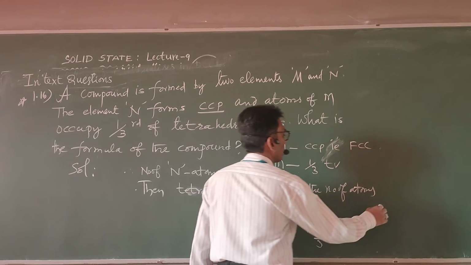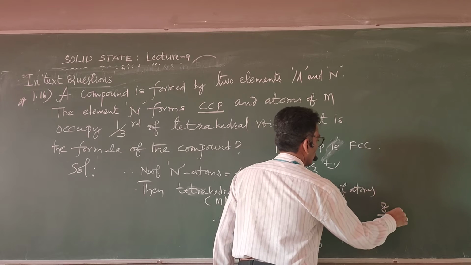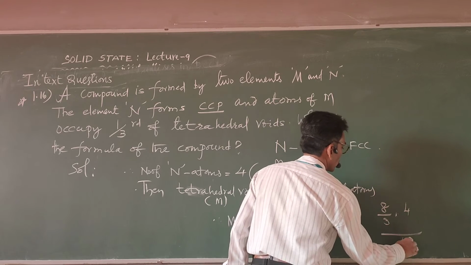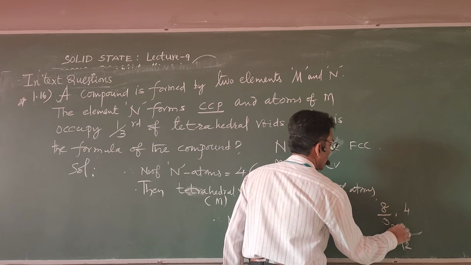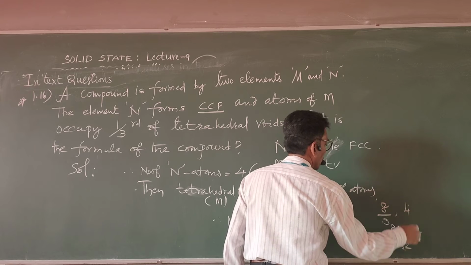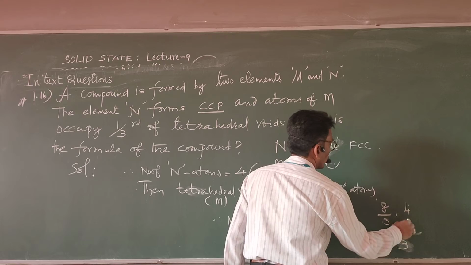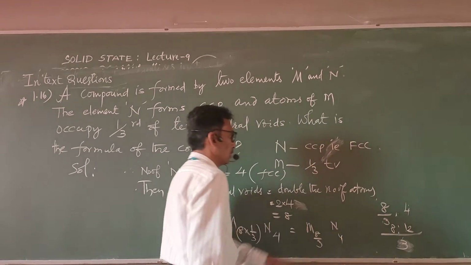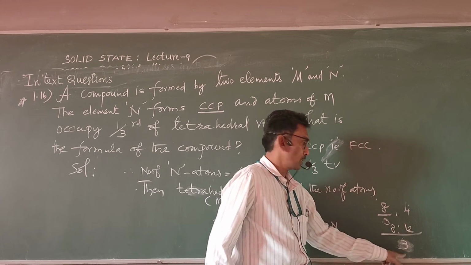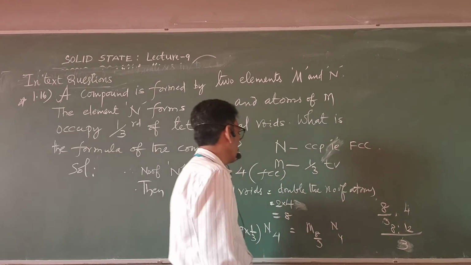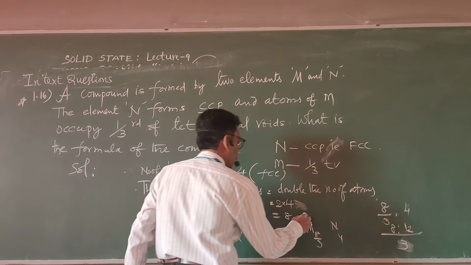After taking LCM, 8 by 3, 4, LCM is 12, this becomes 8, and this becomes 4 into 3, 12. So this LCM is common in both cases after multiplying. Then, this is one formula.